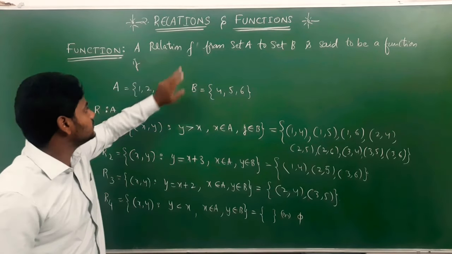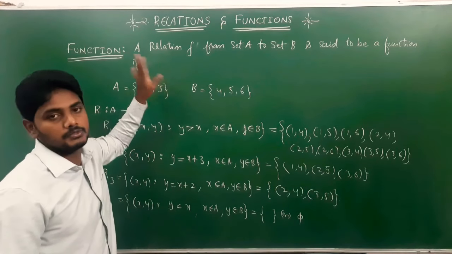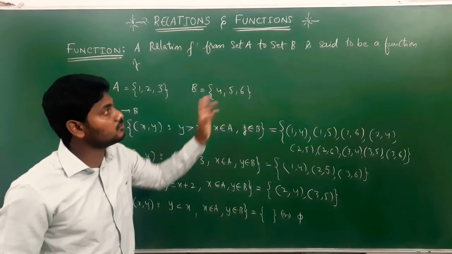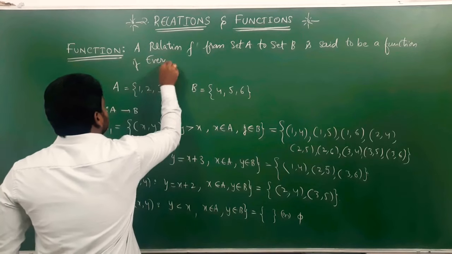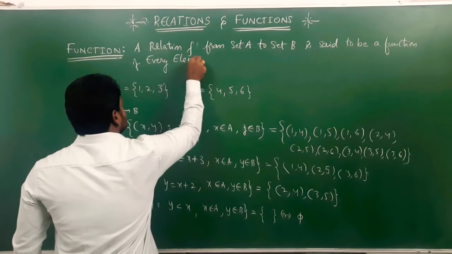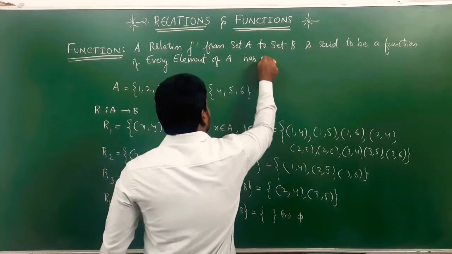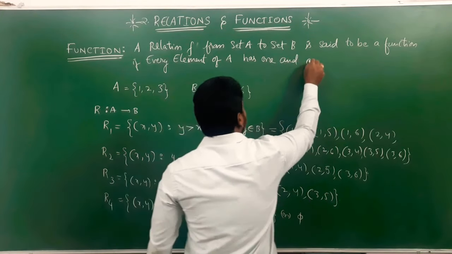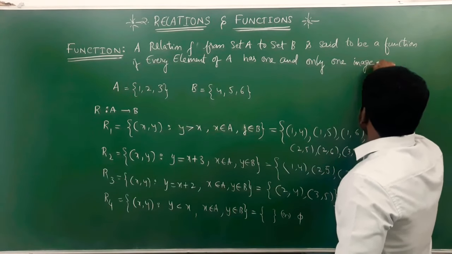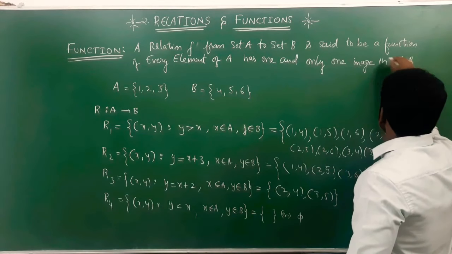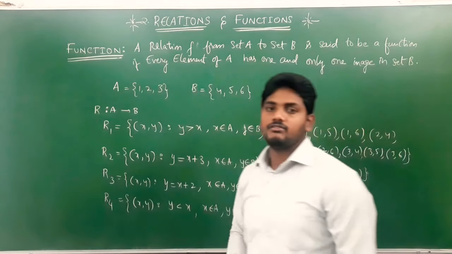Generally a relation is represented with capital R, but a relation f, in terms of function, from set A to set B is said to be a function if every element of A has one and only one image in set B. Then that relation will be considered a function.